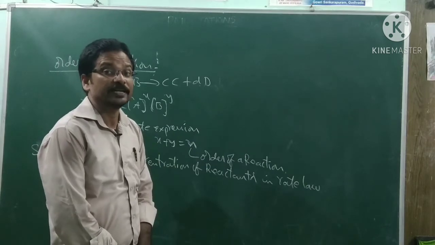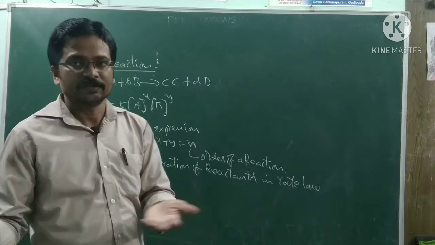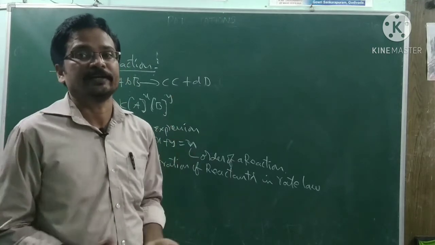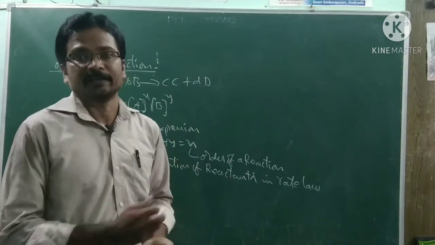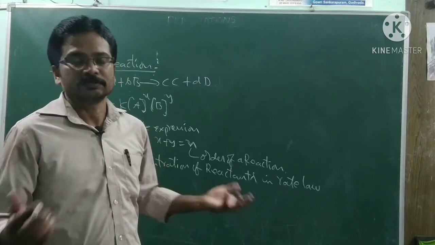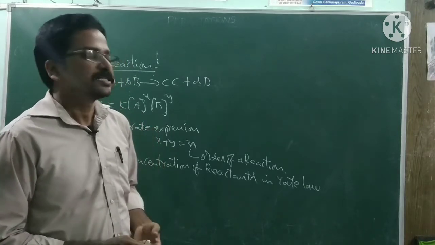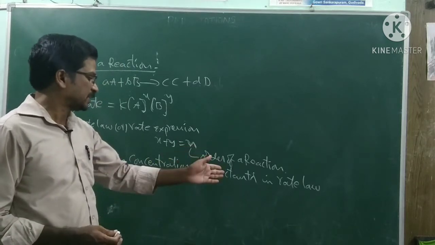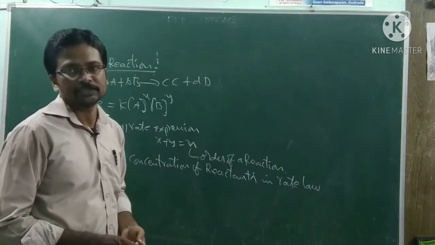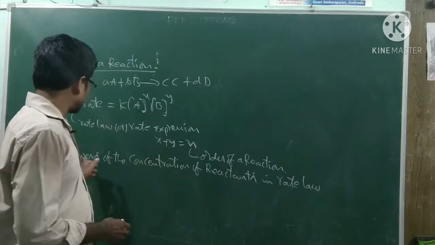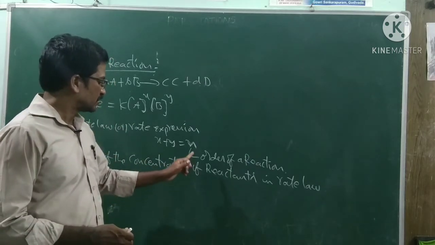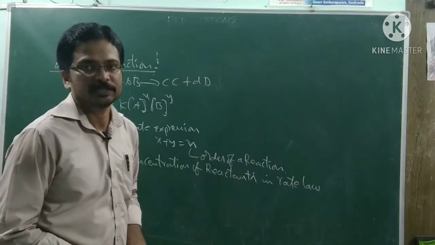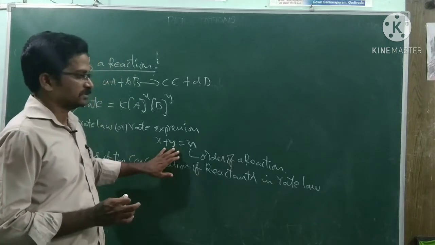So the definition itself is important from the point of view of the intermediate public examination. Define order: what is the meaning of order? The sum of powers of the concentrations of reactants in a rate law or rate expression is known as the order of a reaction.